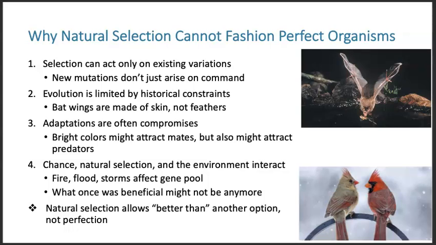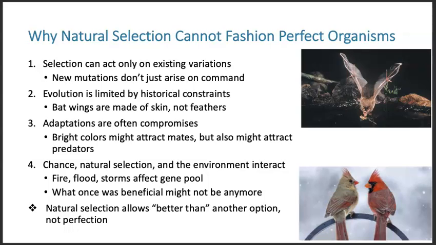everything is involved in whether something evolves or not. Right? Chance also plays a role. The environment is changing, and also natural selection is occurring. So we could think about fire and flood and storms. Those can affect the gene pool, but that's not natural selection. And also environments can change.